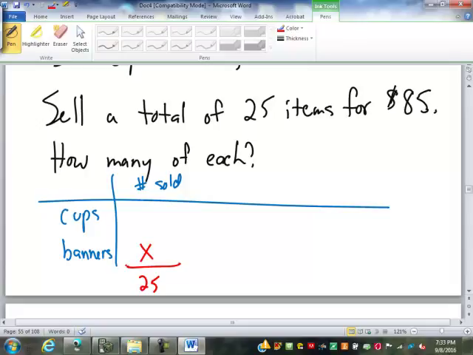If I knew that number, let's say I told you that we sold 10 banners. How many cups did we have to sell? 15. How did you get that? Yeah, 25 minus 10. Well, we don't know that the number of banners sold is 10. The number of banners sold is X. So the number of cups sold is just 25 minus X. 25 minus however many banners we sold.